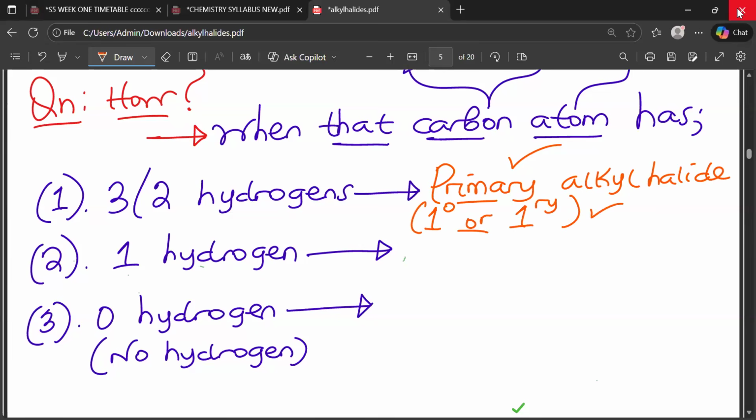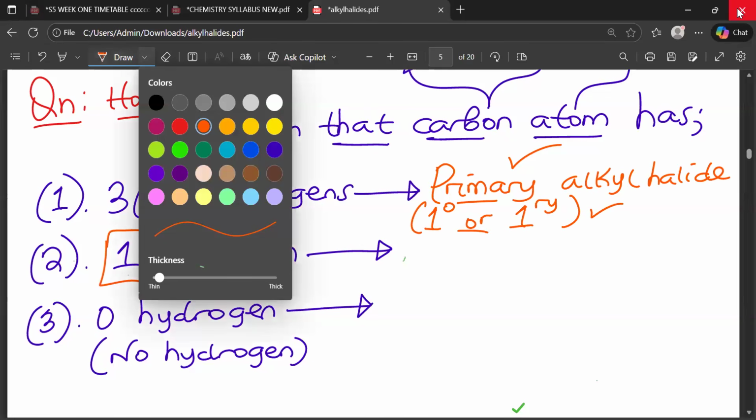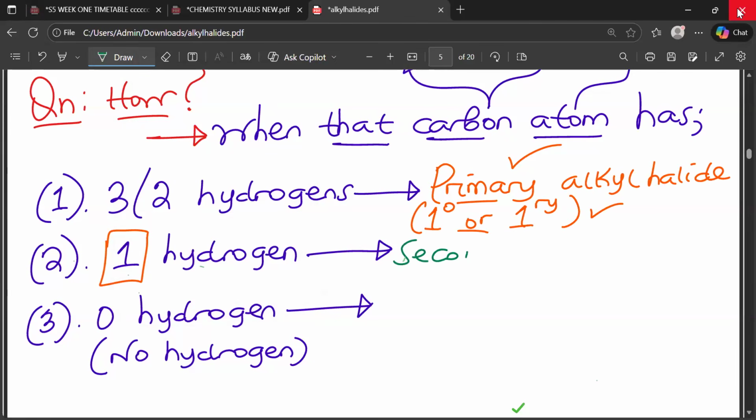Alkyl halide. If it's having only and only 1 hydrogen attached to it, of course, that one is what they call the secondary alkyl halide.